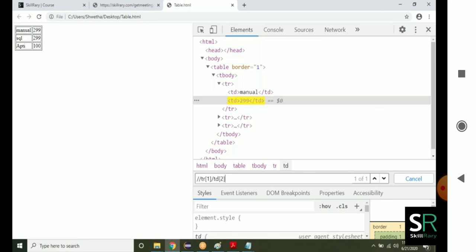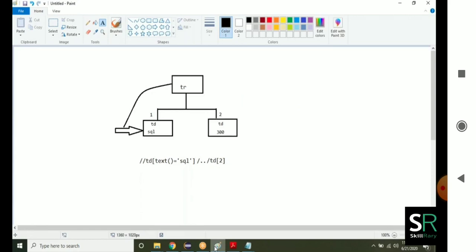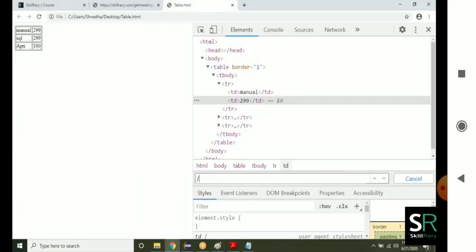So you have to write an XPath in such a way that, see, this is the XPath I have written: /td text function equals SQL, and td of 2. If I write like this, /td text function equals SQL, then go to the common parent /. See, both are getting highlighted. /td of 2. See, it is getting highlighted.